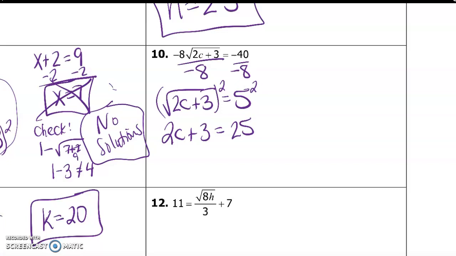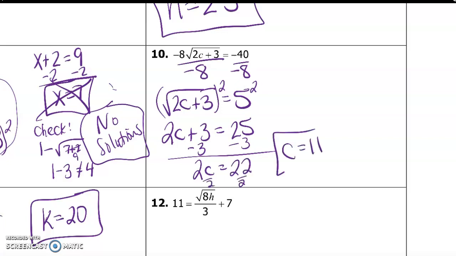So then I keep solving that. Subtract 3 from both sides. 2c equals 22. Divide by 2. c equals 11 for our final answer. So again, you can type that right into your calculator. -8 times square root of 2 times 11 plus 3 will give you -40.